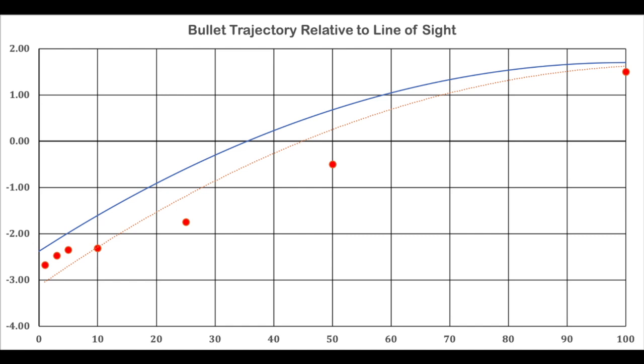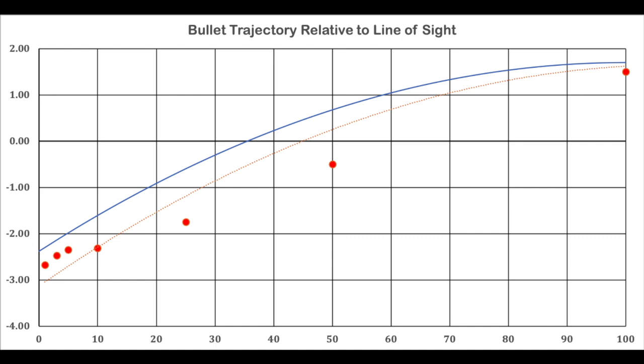Now, that could just be scatter in the data. Maybe if I fired a 100-shot group at each of these ranges, so that we could average out all of the scatter, they would conform to a nice parabolic relationship.